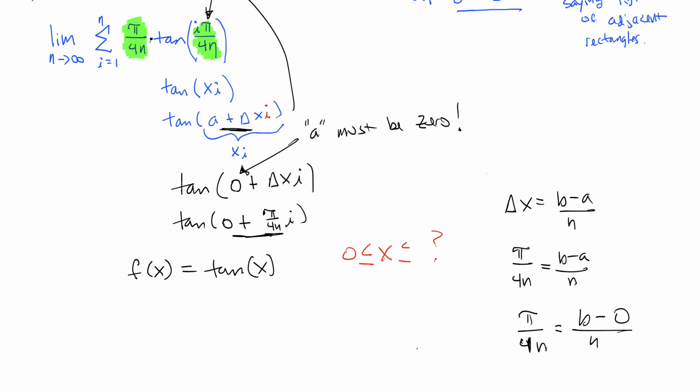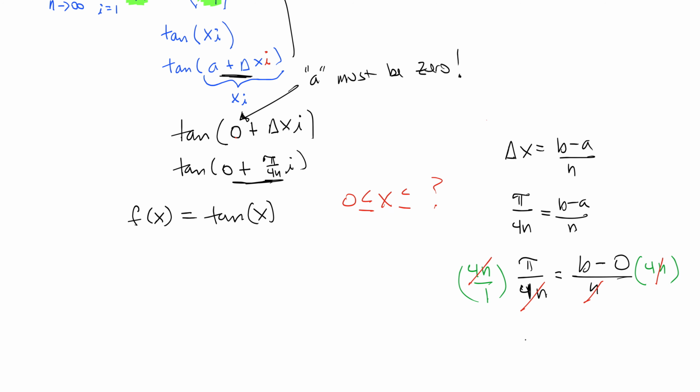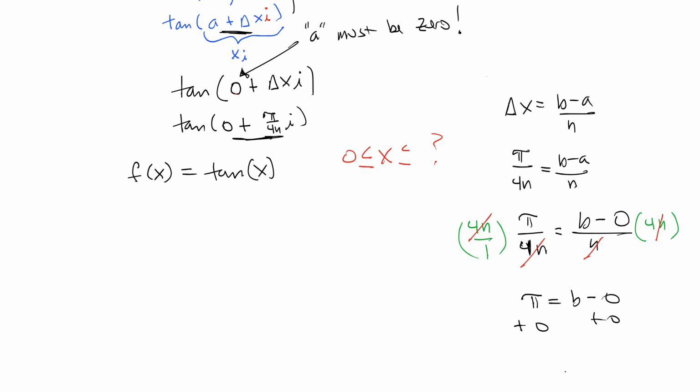Great. Now let's go ahead and multiply both sides by 4n over 1, 4n. And these completely wipe out right there, and the n's wipe out right there. And we're left with pi equals b minus 0. All right, let's get b by itself. So plus 0, that didn't do anything. And then you know that b equals pi.